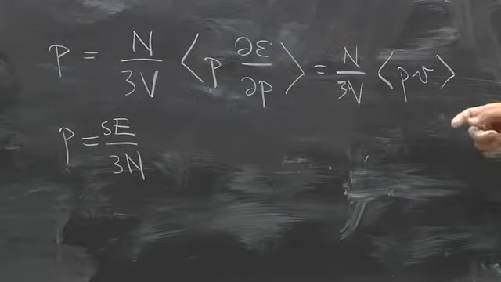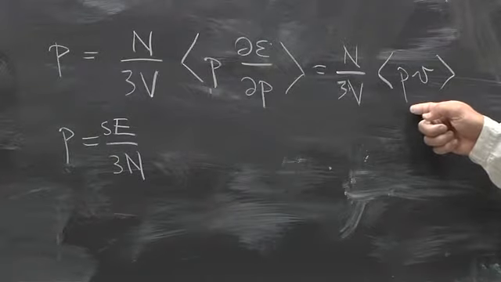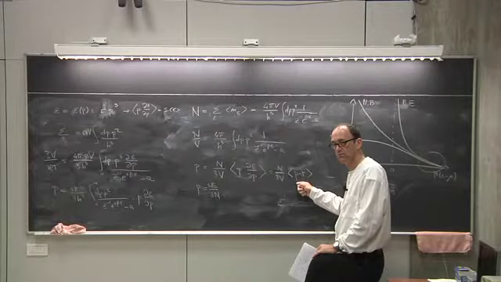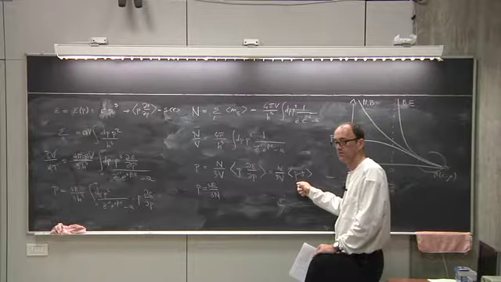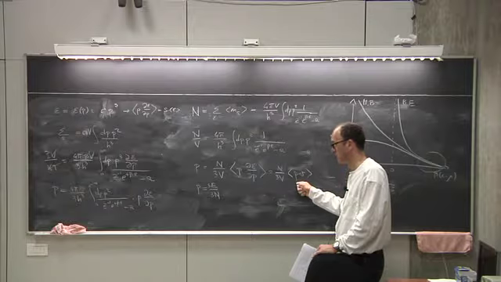What are the possible values of s? For instance, s can be 2, right? Yes, if we consider kinetic energy. And the pressure would be 2/3 of the energy density. Then it means we have 1/3, right?